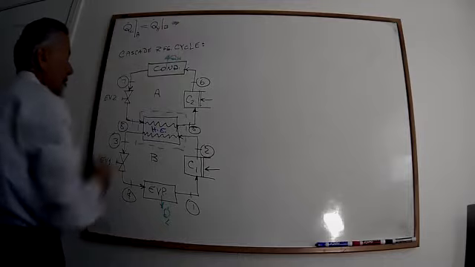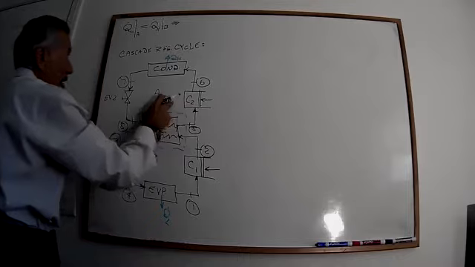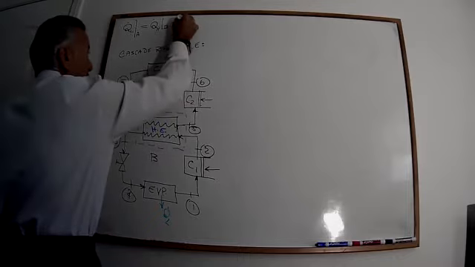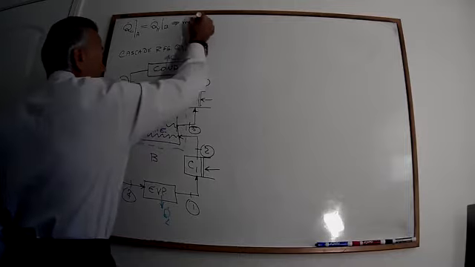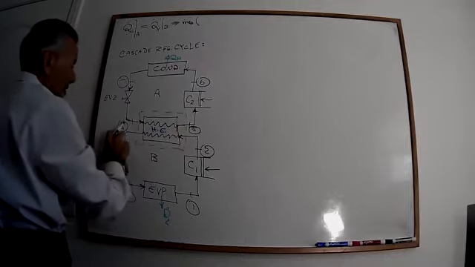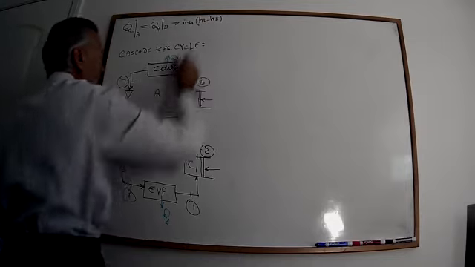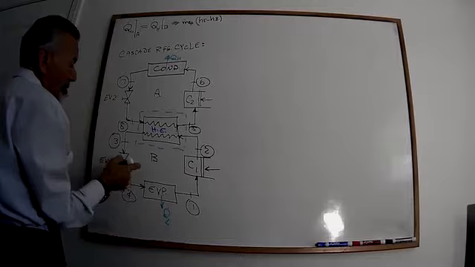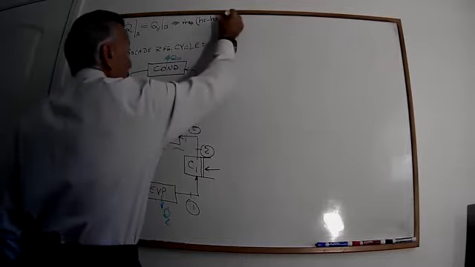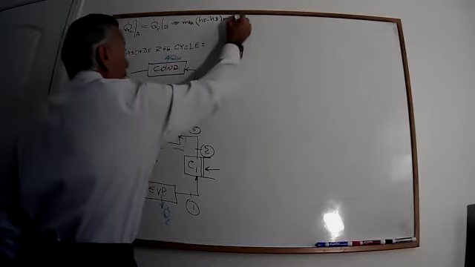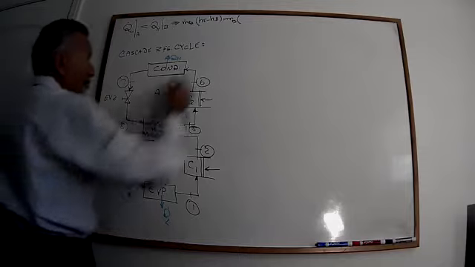Now, if you expand this, what is the QL of this cycle? It is the mass of refrigerant A for this cycle times H5 minus H8. That has to be equal to the mass of cycle B times H2 minus H3.